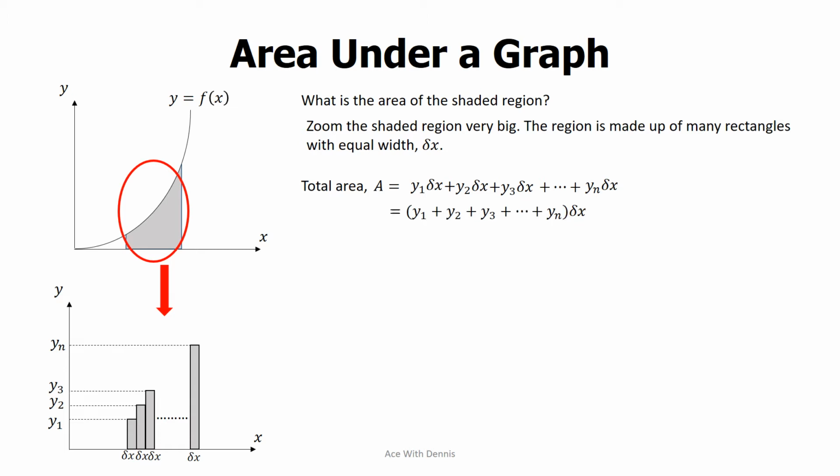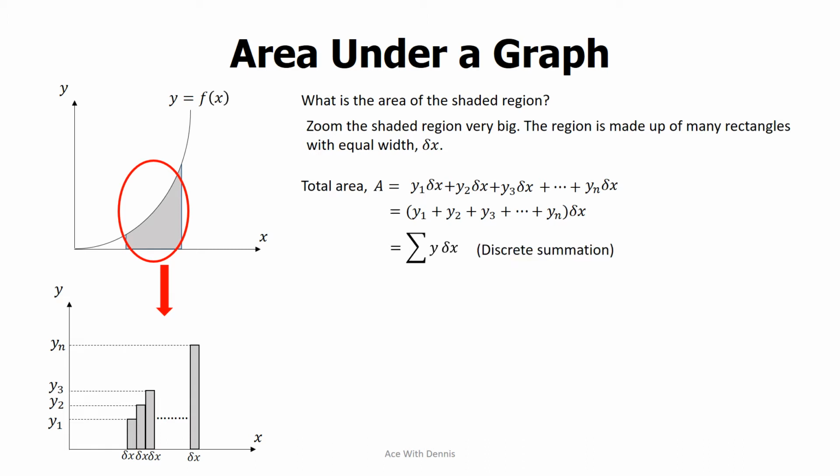From this equation, we can factorize the small change of x, which is delta x, and it becomes y1 plus y2 plus y3 plus until the last yn, multiplied by delta x. Or we can summarize this equation to be the summation of y times delta x.